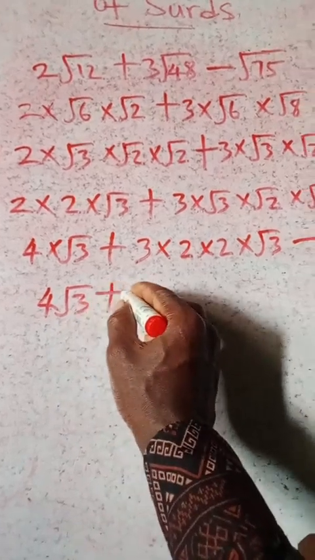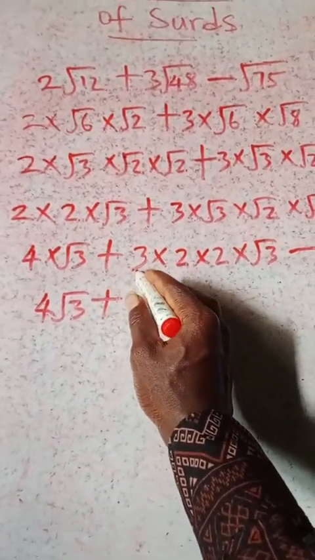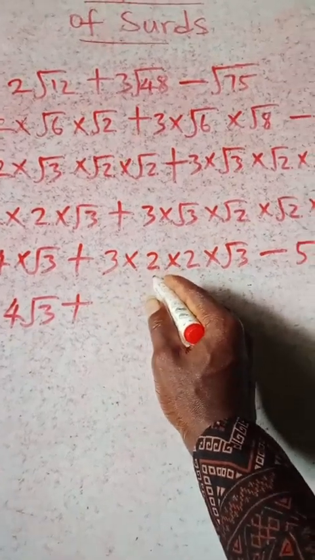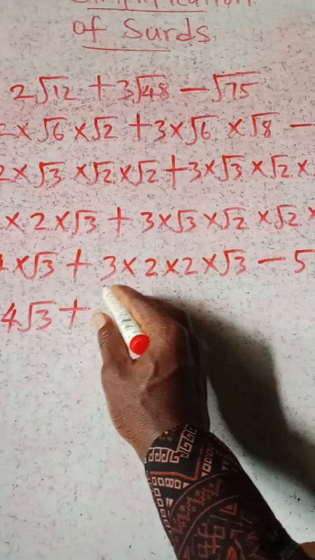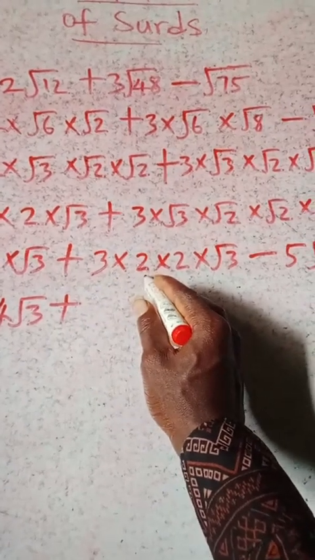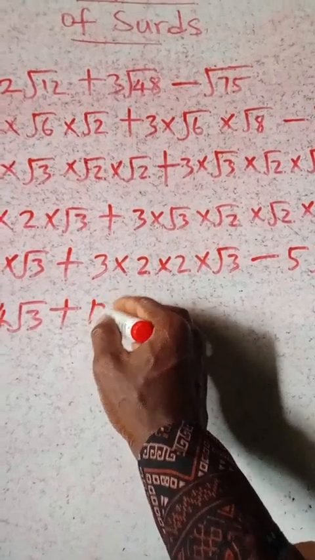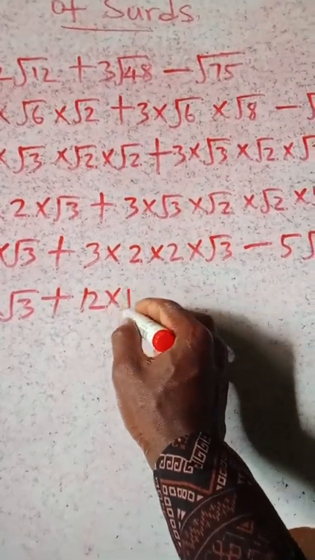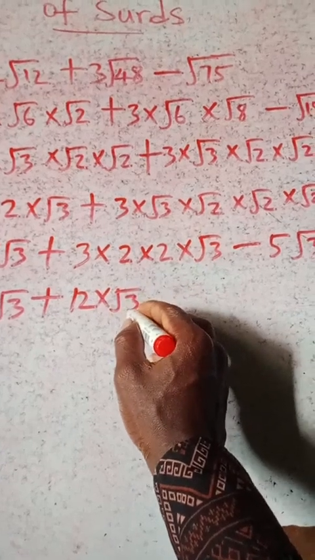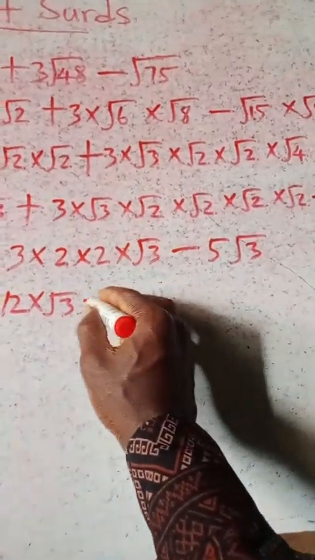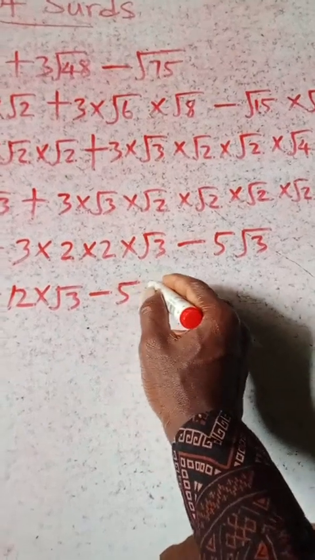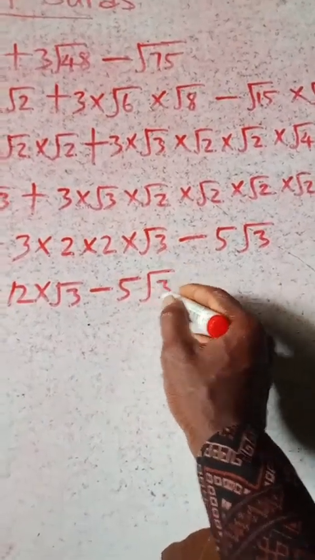Then plus, we have 3 times 2 times 2. Okay, so 3 times 2 is 6. 6 times 2 is 12. So we have 12 times what? Root 3. Okay, then minus 5 root 3.